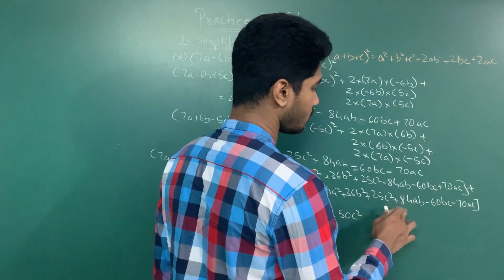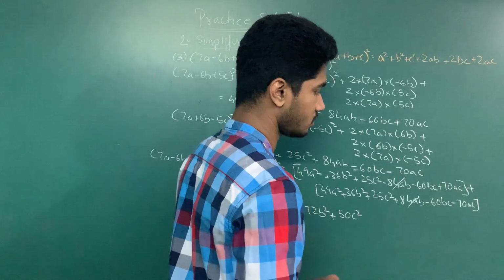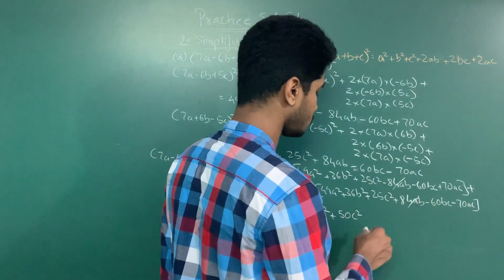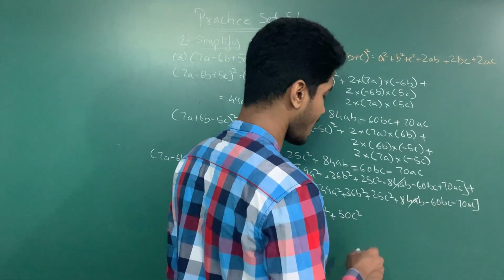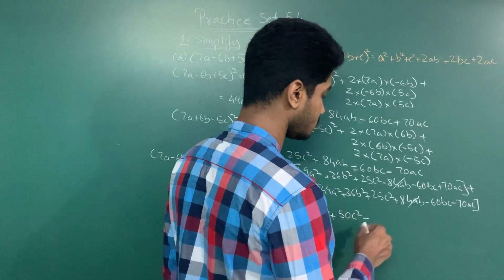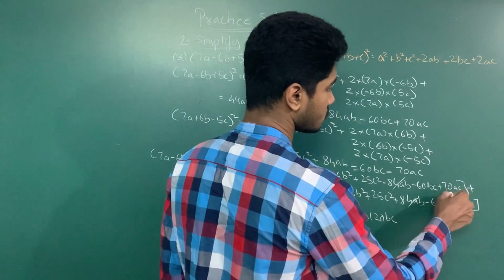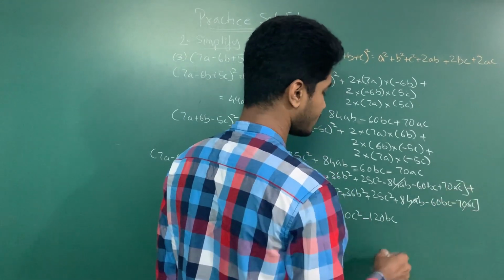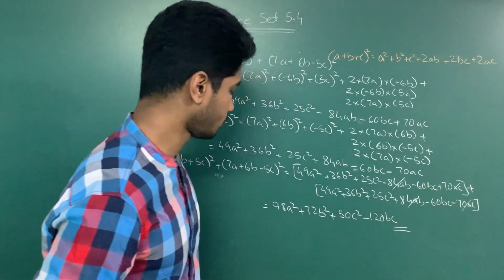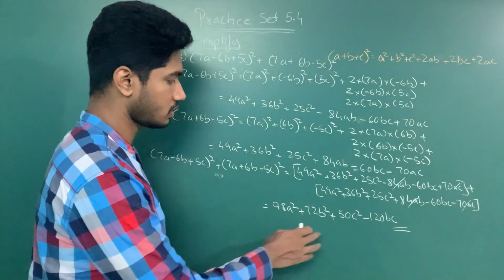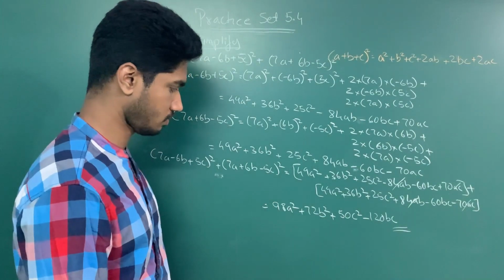Minus 84ab plus 84ab, both will get cancelled. Minus 60bc minus 60bc will get added, and it will give you minus 120bc. Plus 70ac and minus 70ac will get cancelled, and you're left with this polynomial. So therefore, this becomes your final answer.